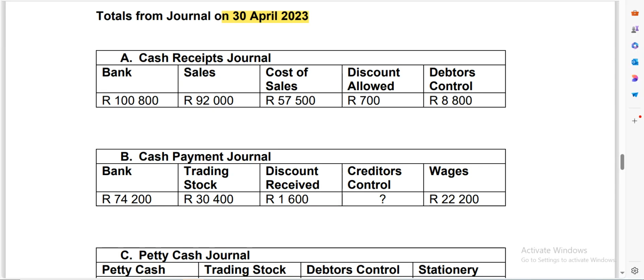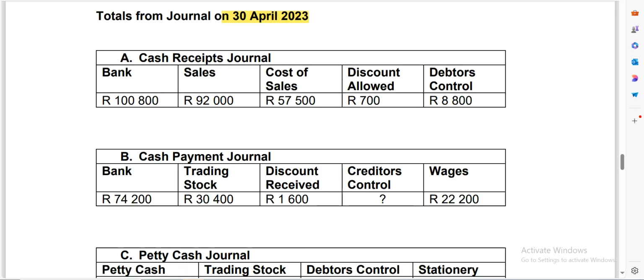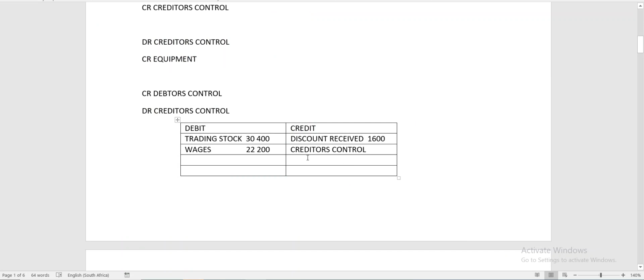Then we have our creditors control, which is a question mark. We have our bank. So creditors control is a question mark, but we know that bank is 74,200.